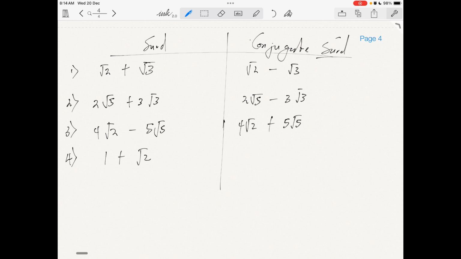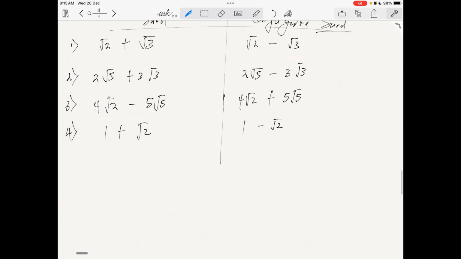Since this is positive at the center, we change to negative, so that will be 1 minus root 2. With this idea of conjugates of surds, we will be able to perform operations such as multiplication and division of surds. That will be the next video.